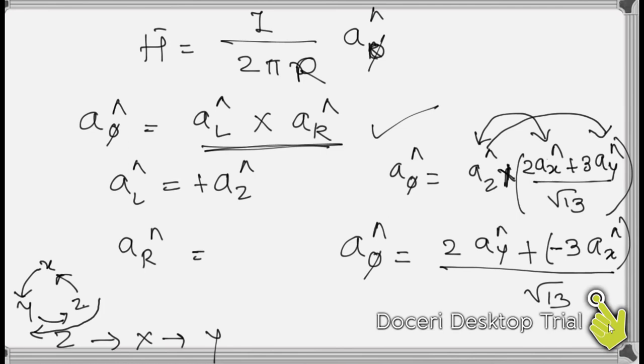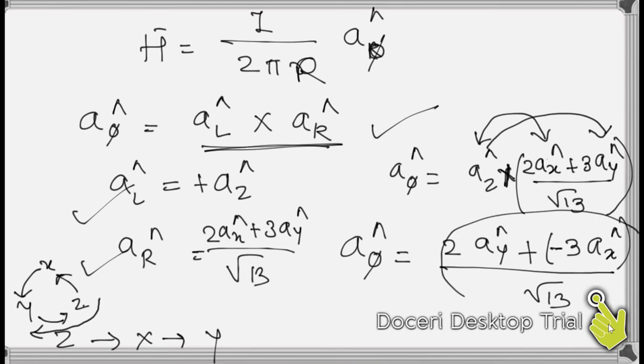So this is our final a phi cap, because we have to take the cross product of aL and aR. Correct? What was our aR? 2aX and 3aY was our aR. Now it has changed to this value. a phi is now this one: (2aY cap minus 3aX cap) over square root of 13.